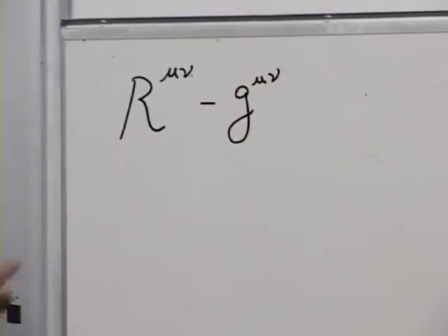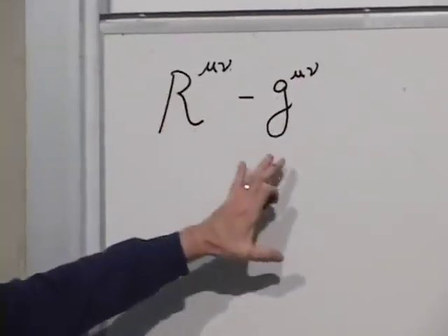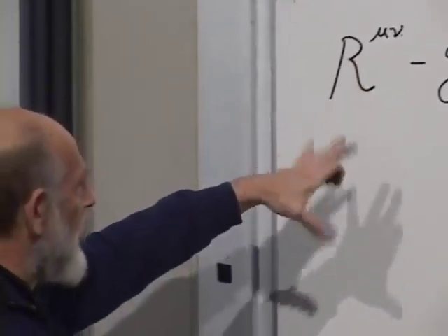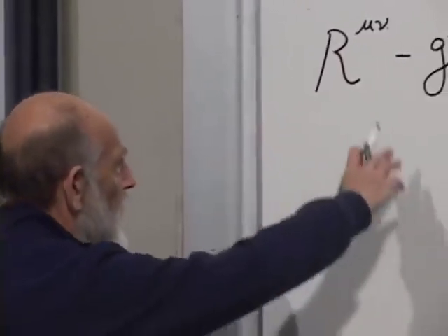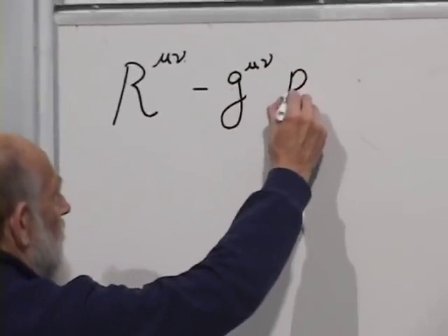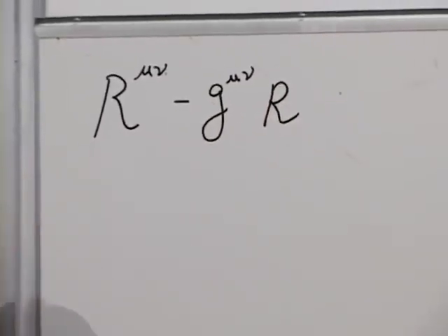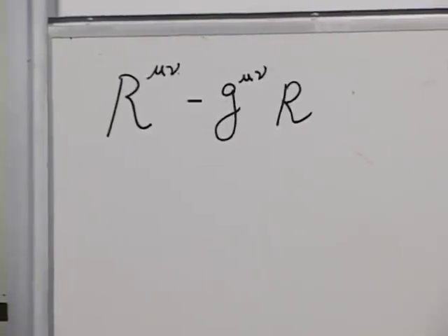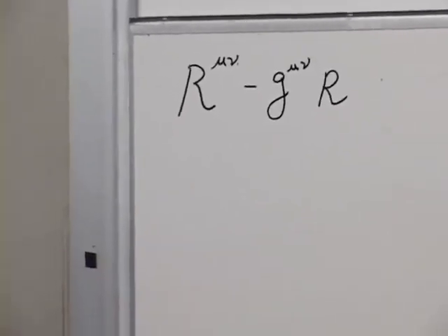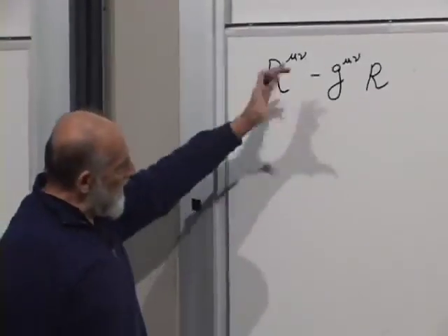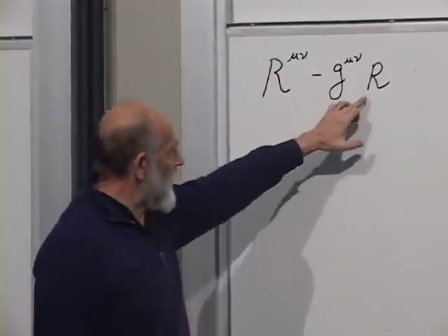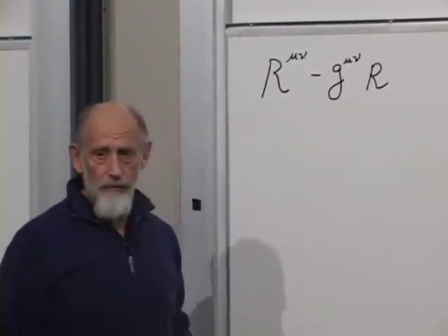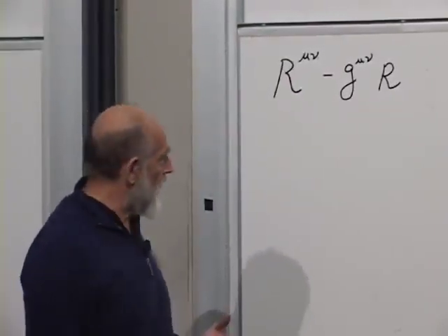If you haven't studied general relativity, I'll tell you the facts. But I'm writing this for those who have followed the previous quarter. Anybody remember what this tensor is called? R mu nu is the Ricci tensor. It's made up out of the curvature tensor. G mu nu is the inverse metric, and R is the Ricci scalar, the curvature scalar.